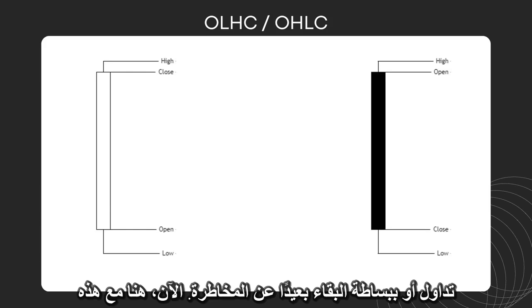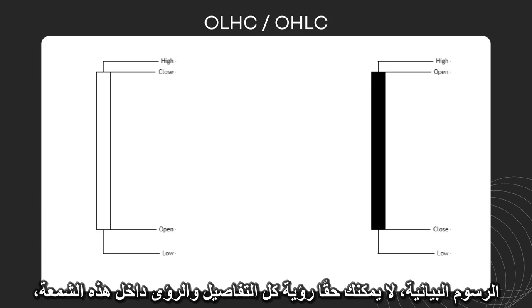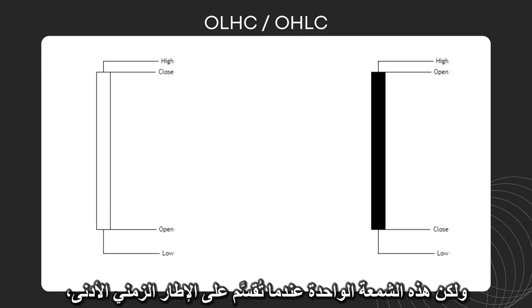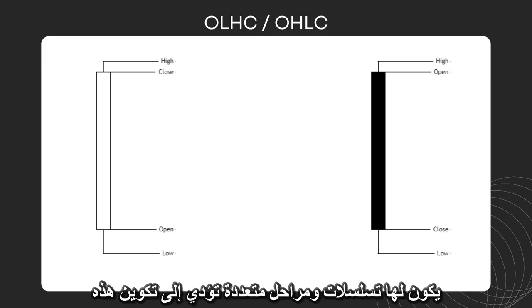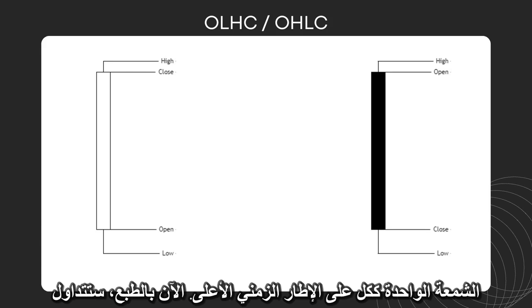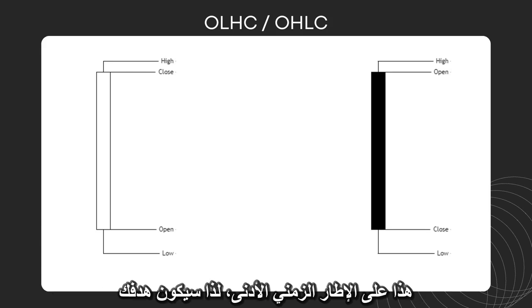Now, right here, just with these graphics, you can't really see the whole details and insight into this candle, right? But a single candle, when divided on the lower time frame, has multiple sequences and phases, which leads to the formation of this single candle as a whole on the higher time frame. Now, of course, you're going to be trading this on the lower time frame.